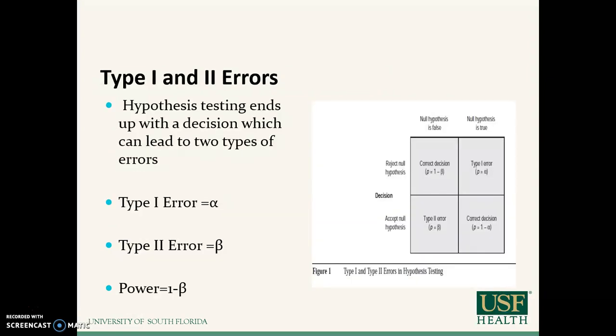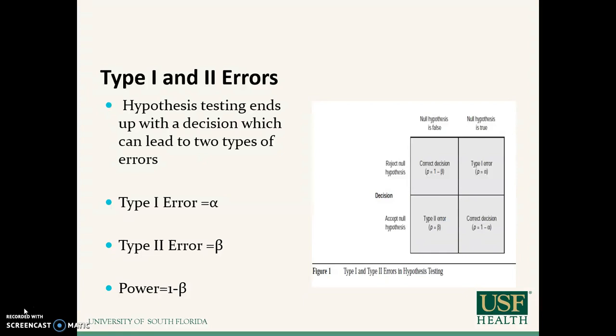We have seen that hypothesis testing ends up with a dichotomous decision. And the true status is also either the null hypothesis or the alternative hypothesis. That's why hypothesis testing can usually lead to two types of error.